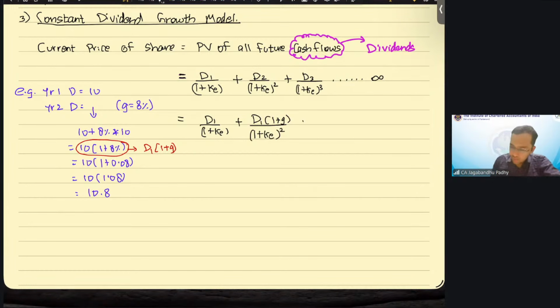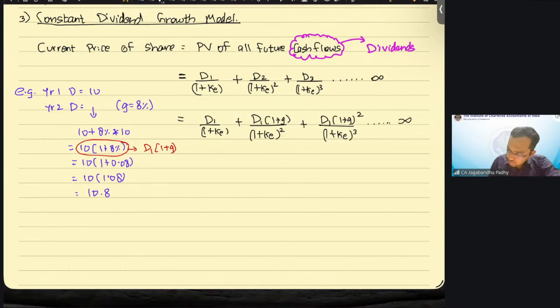Okay. Can anyone guess what should be the third dividend number, or the dividend for the third year? It will be D1 into 1 plus G. Growth has to be applied for 2 years, because for the first year it was into 1 plus G. Now for the third year it's going to be 1 plus G square upon 1 plus K the whole cube.